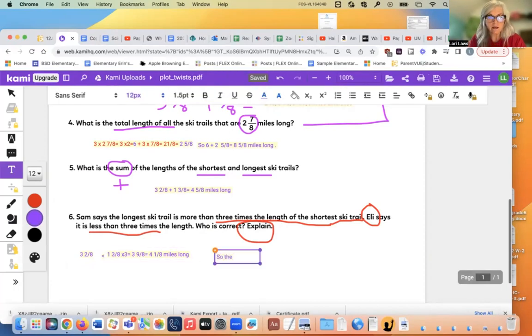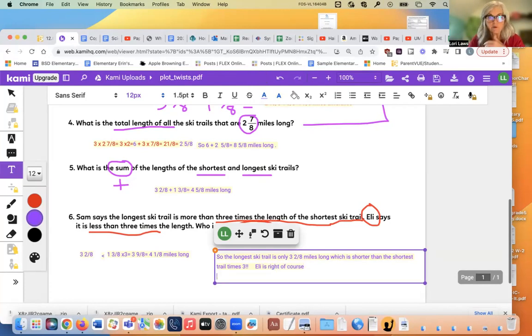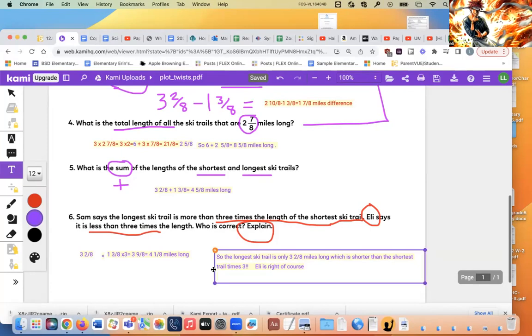So the longest ski trail is only 3 2/8 miles long, which is shorter than the shortest trail times 3. Okay, Eli's right. Eli is right, of course. Told you I'm never wrong.